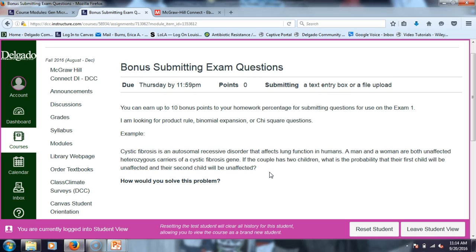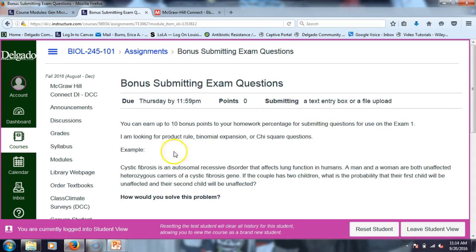No, product rule, there's 2 right here. Remember, why can we use product rule for this? One, it's not a set, right? They're independent, right? Whether the first child is unaffected does not affect whether the second child is unaffected, right? They're not linked. Does that make sense? Michelle's still processing. It's okay. We're going to do more, so yeah.